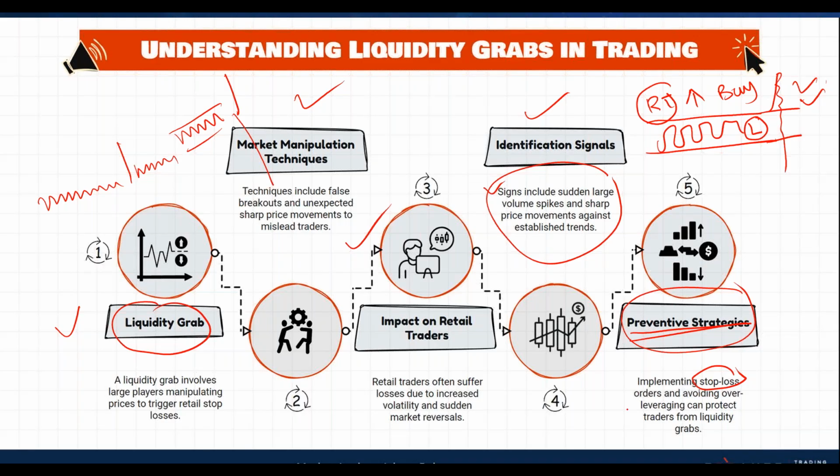Okay, and then leveraging, you can just effectively use your leverage. Don't over leverage yourself, because over leveraging can be a little bit disturbing for your account. Okay, so this is the whole structure of what this liquidity grabbing guy does. You consider this as a guy. If you consider him as a guy, then you will be able to understand his process.